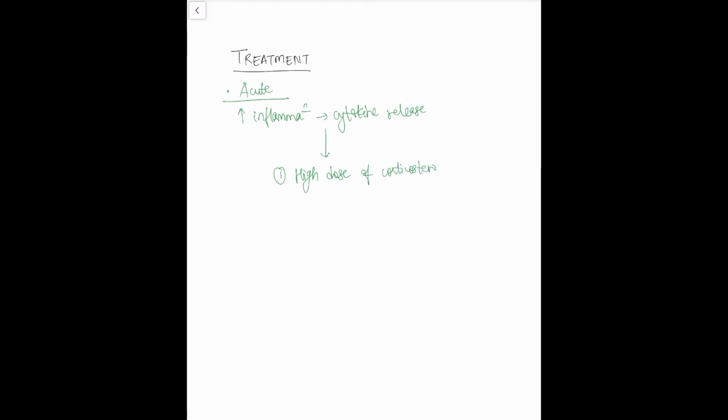What we call pulse steroid therapy. Usually 1 gram of methylprednisolone is given for a period of 1 to 5 days.